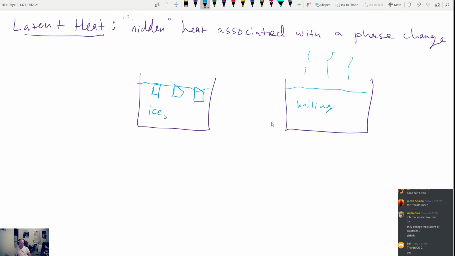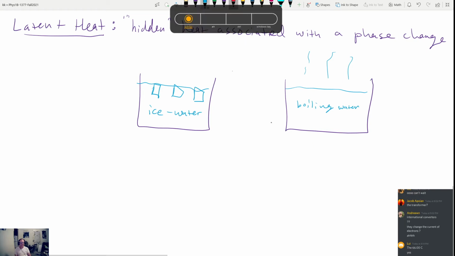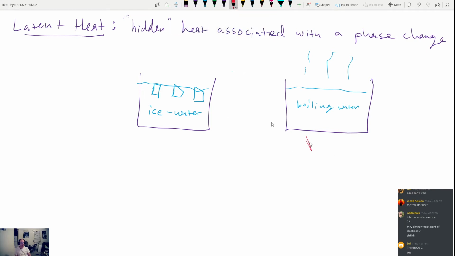Okay, so this is ice water, meaning a mixture of solid and liquid water. And this is boiling water, which means it's a mixture of liquid and gas. That's weird. It shows that I've selected this, but it didn't change it. So I've got some heat under here that's heating this up.